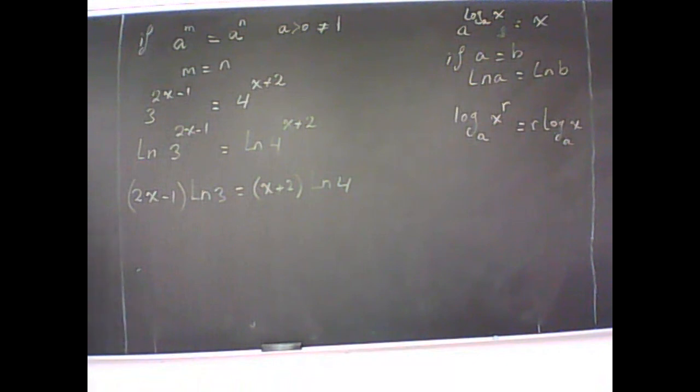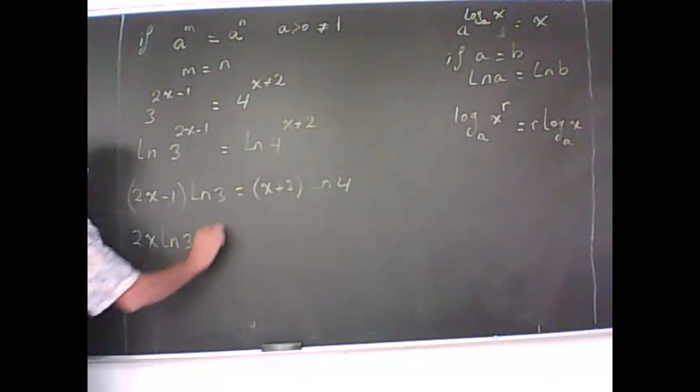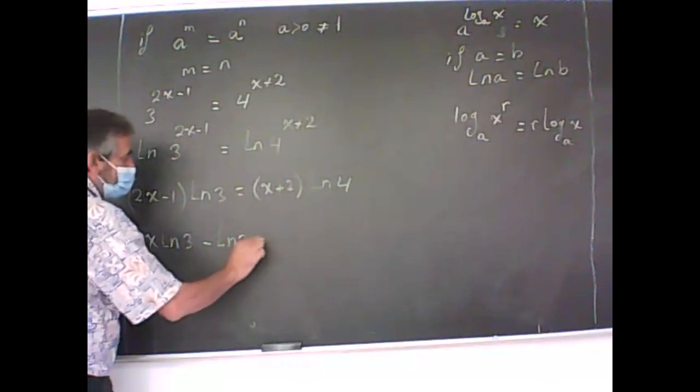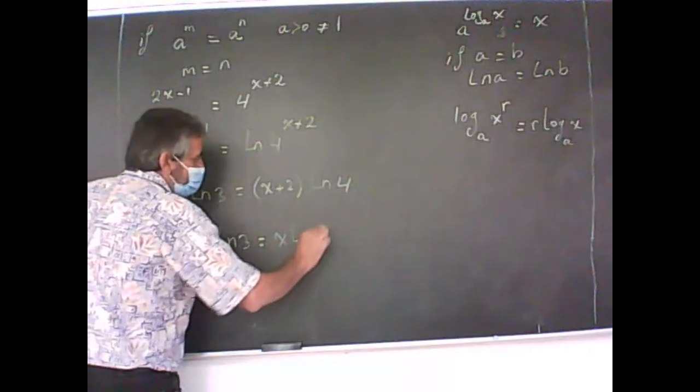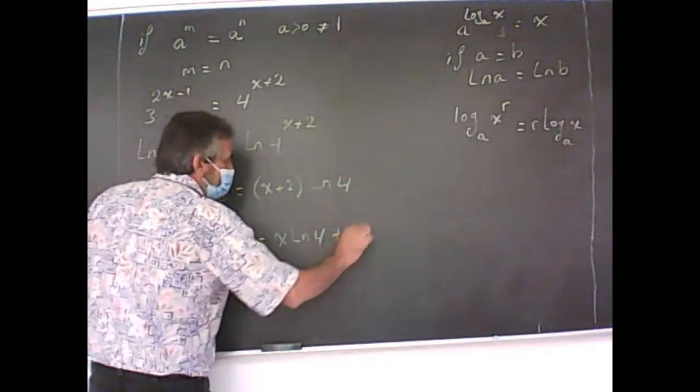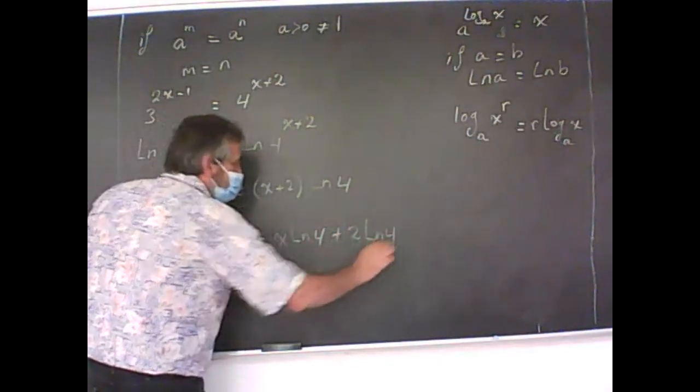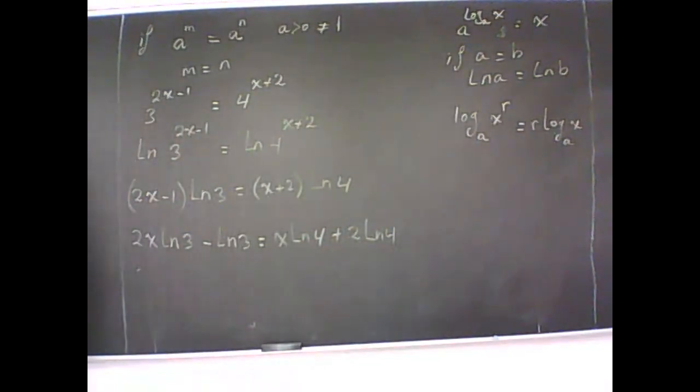Yeah? Let's multiply. That'll be 2x ln of 3 minus ln of 3 equals x ln of 4 plus 2 ln of 4. And remember, all of these are numbers, yes?